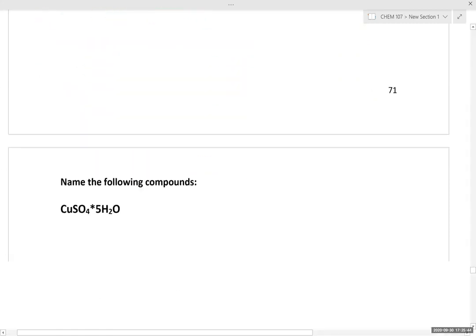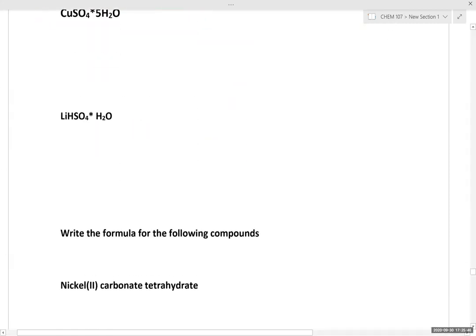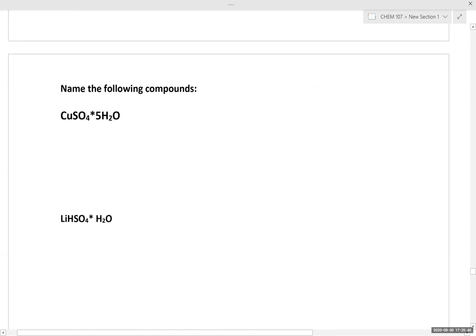Okay, so let's focus on naming a few compounds. I'll do the first one, you'll do the second one. So in this case, I note the number of associated water molecules. Naming my base ionic compound, if I think about copper sulfate, I know that sulfate has a 2- charge. And as a result, copper, in order for our charges to cancel, will have a 2+ charge.